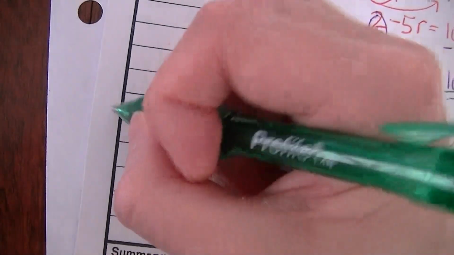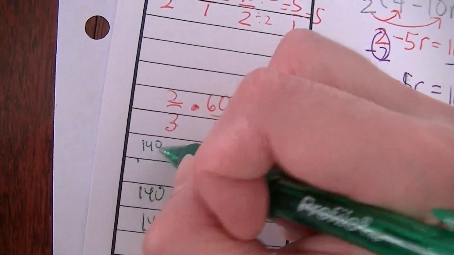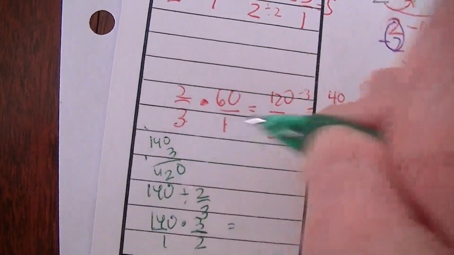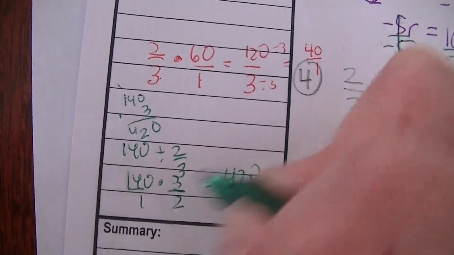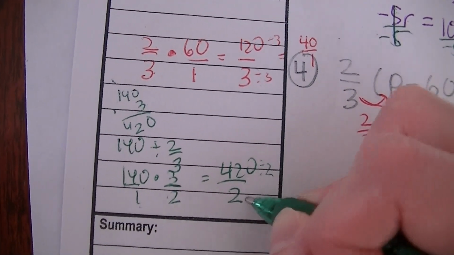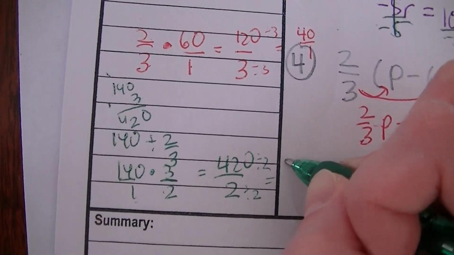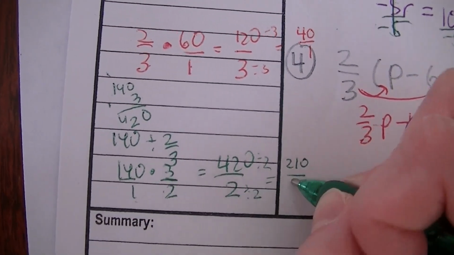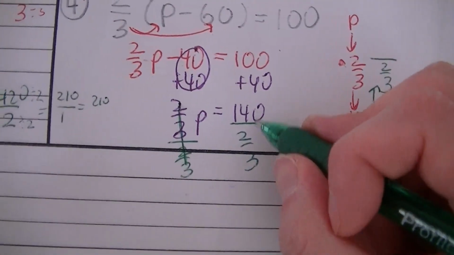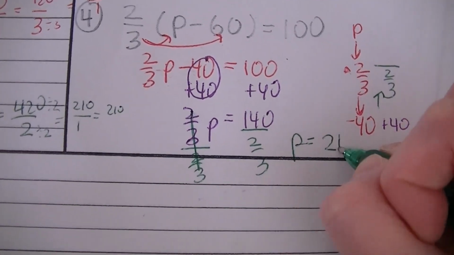And 140 times 3 is 420. 1 times 2 is 2. 420 divided by 2 is 210. 2 divided by 2 is 1. So 210 divided by 1 is 210. So 140 divided by 2/3 is 210.